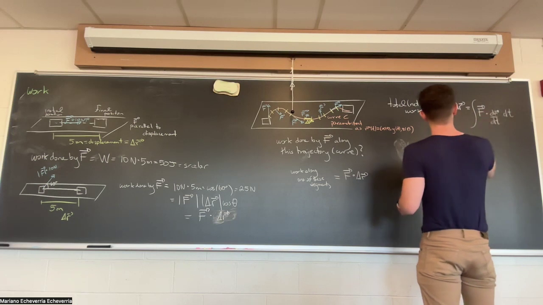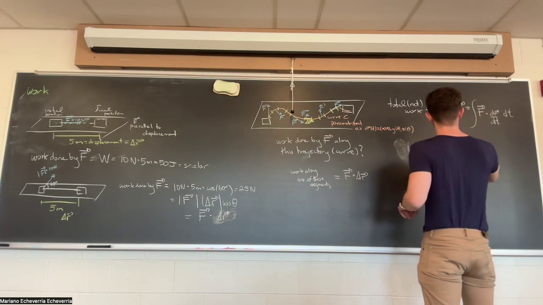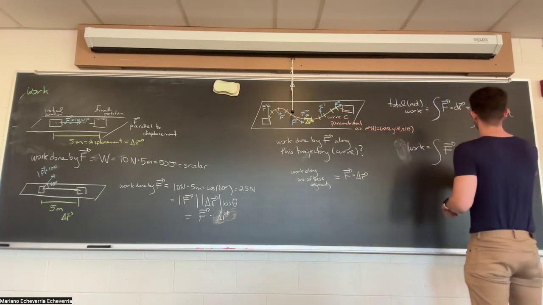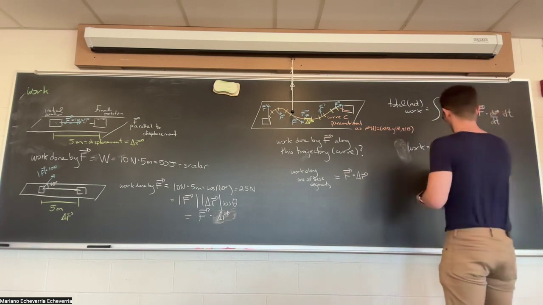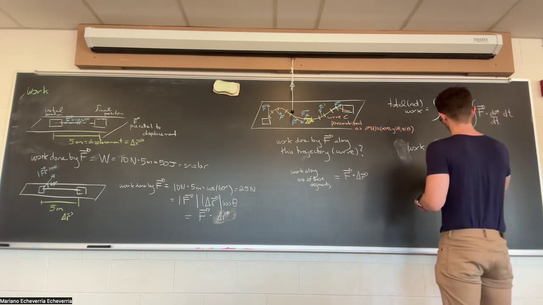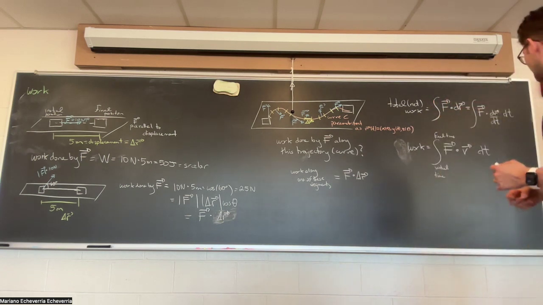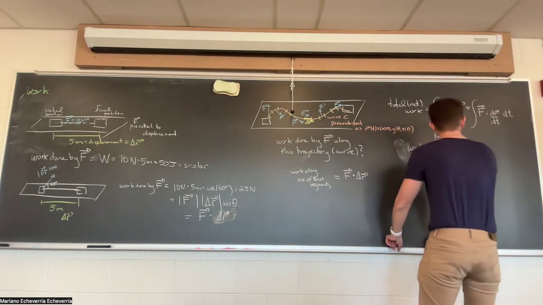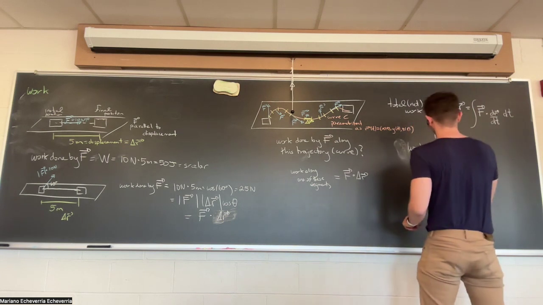The work is just going to be the dot product between F and the velocity vector of the curve, where v is the velocity vector of the curve.